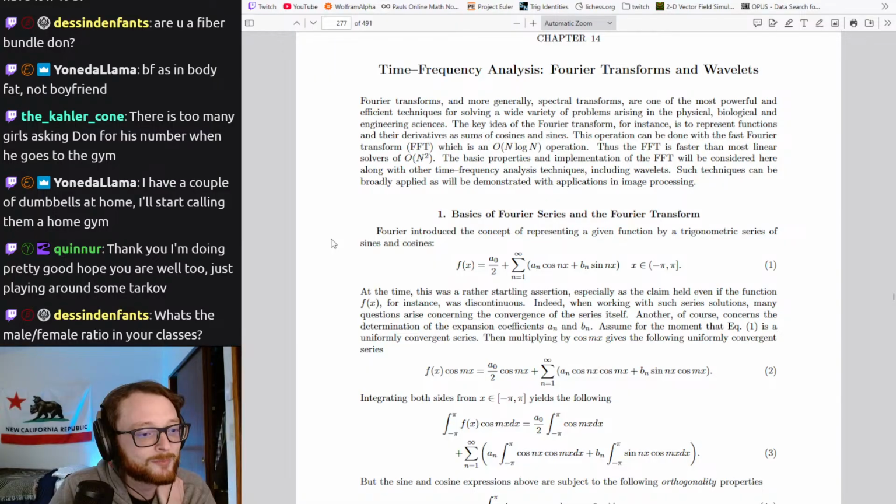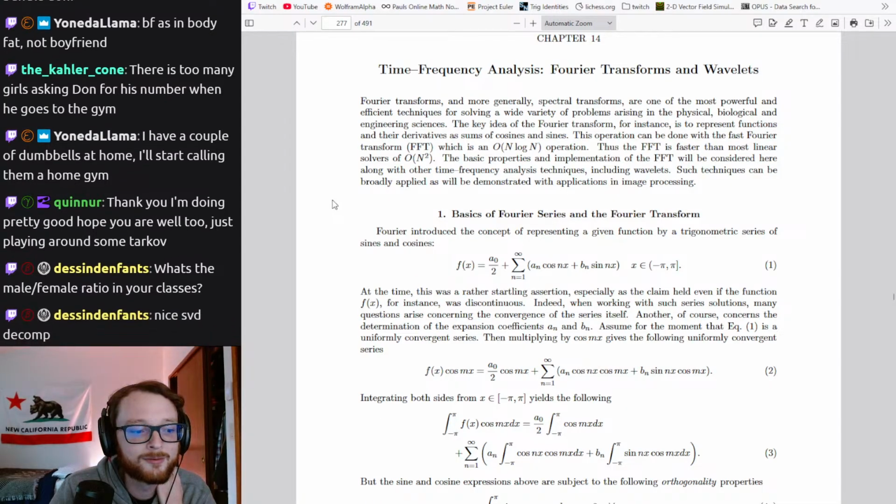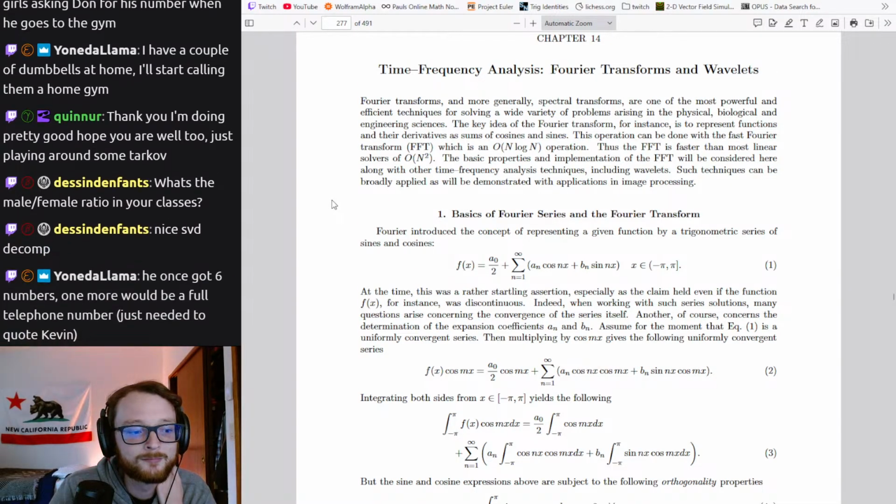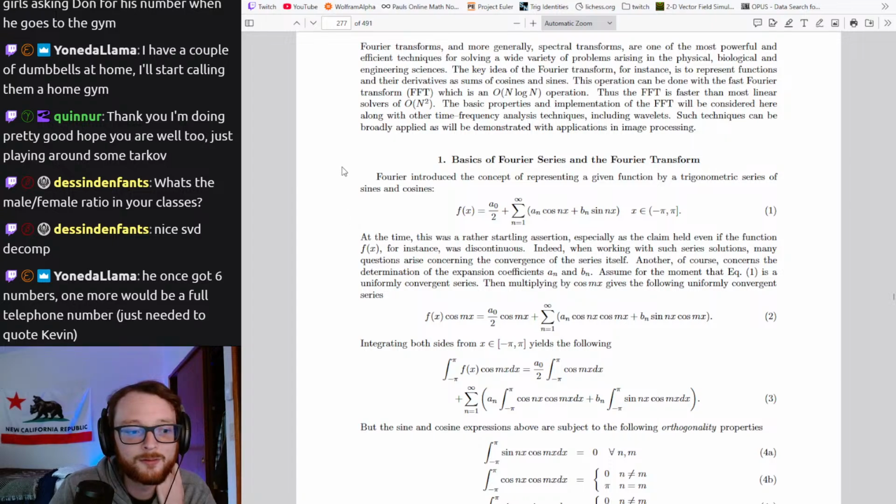Start calling them a home gym. There you go. That works. It's actually pretty close to 50-50, Dessen. I was kind of surprised. Oh yeah, I think we're gonna do principal component analysis maybe at some point. He once got 6 numbers. One more would be a full telephone number. Yeah, I remember that.